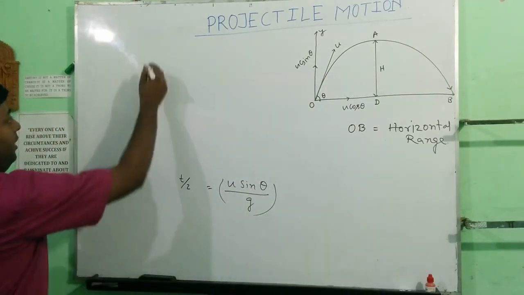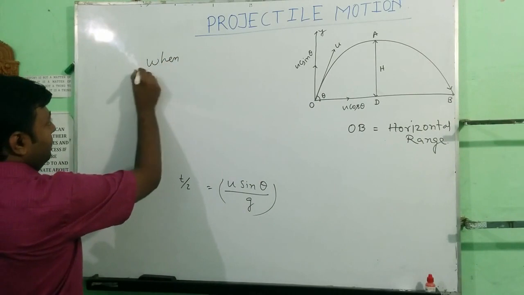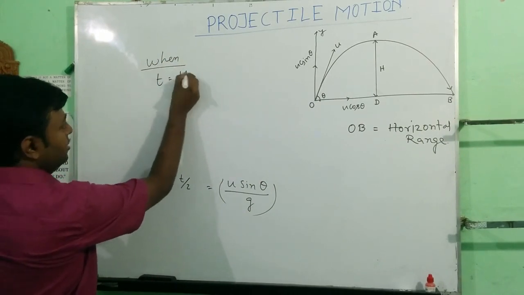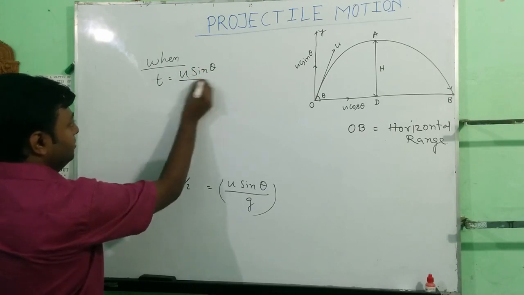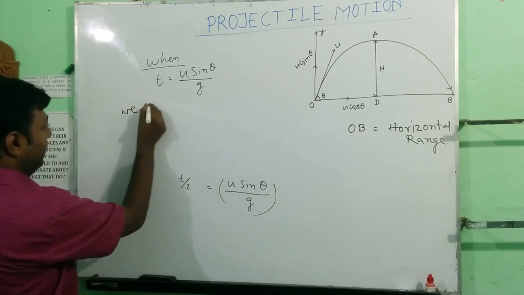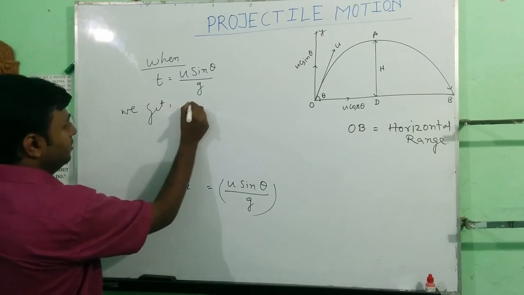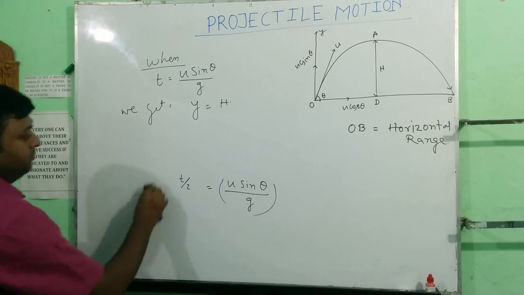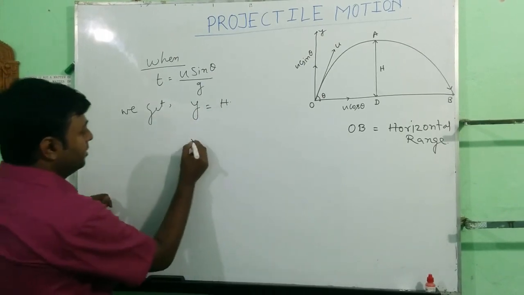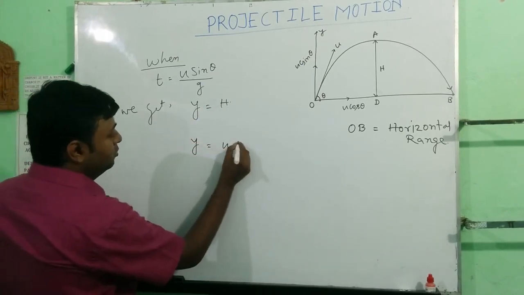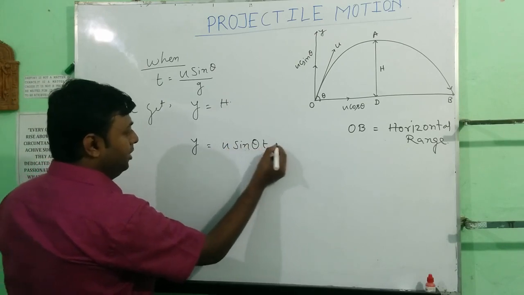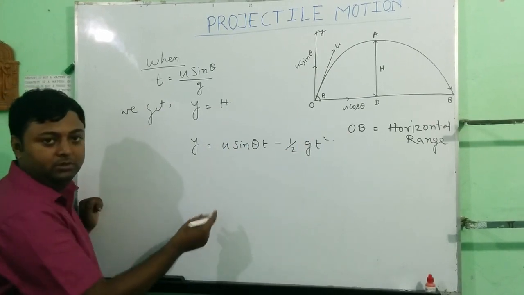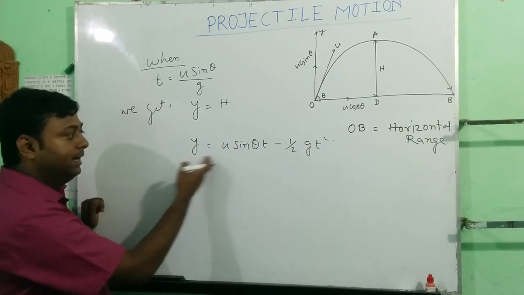That means when t equals to u sin theta by g, we get y equals to h. That is, y equals to u sin theta t minus half gt square. It is the equation, that is displacement along y direction at a time t.